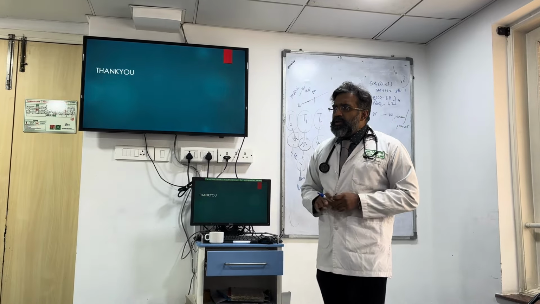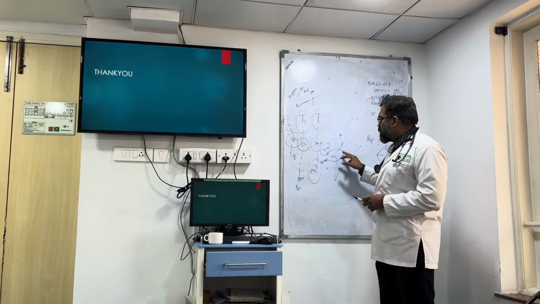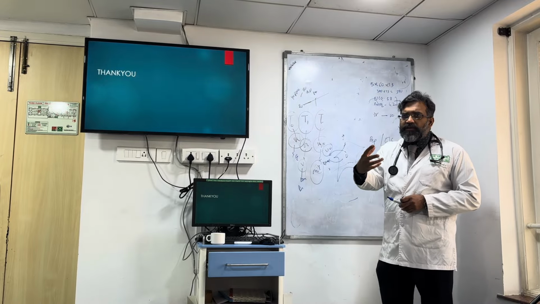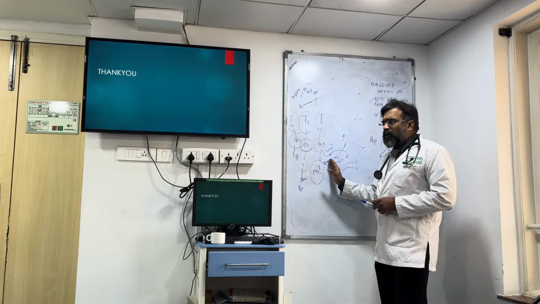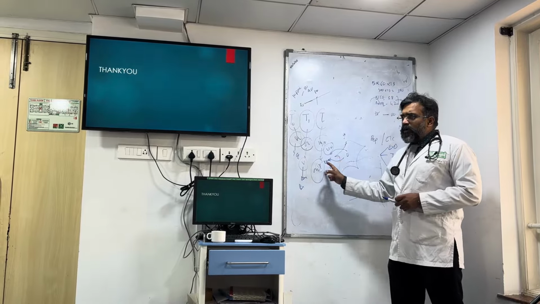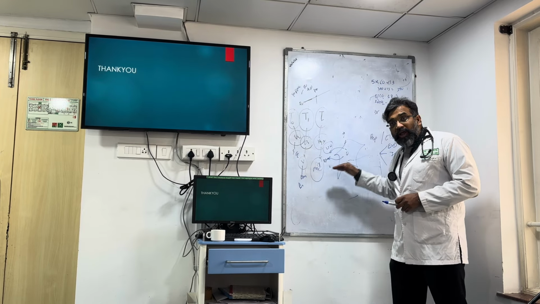I'll explain this again. In astrocytes, there are osmotic solutes lying inside, because of which the cell is nice and inflamed, nice and big. Now you have made the osmolarity outside the brain to be 120. Now it is moving sodium electrolytes out from here, also the osmolytes.